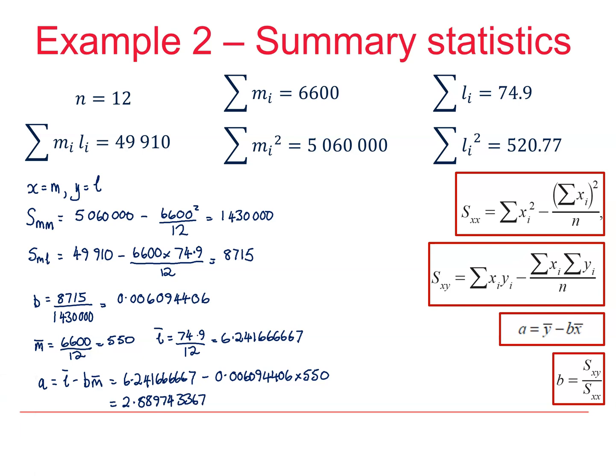So with sensible rounding, we have that l is equal to 2.89 minus 0.00609 m.